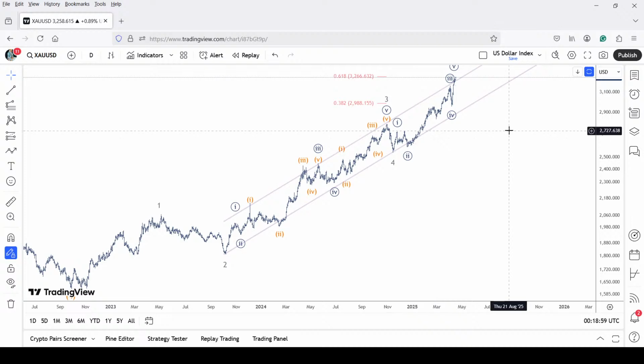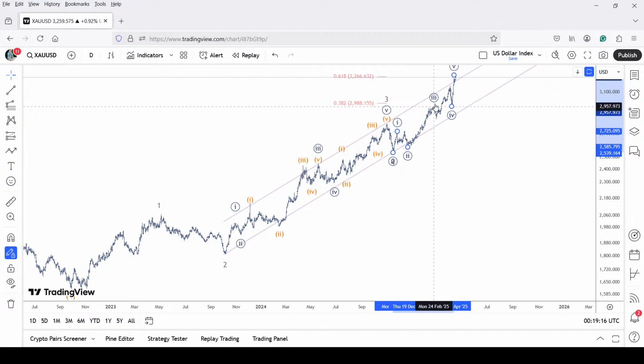This is one scenario. I take this as a preferred count right now, but there is another count which is absolutely possible, where the wave 3 goes back to where we had placed, wave 4 again goes back to where we have placed earlier. And what we are seeing right now is an extended wave 5 at a minute degree.